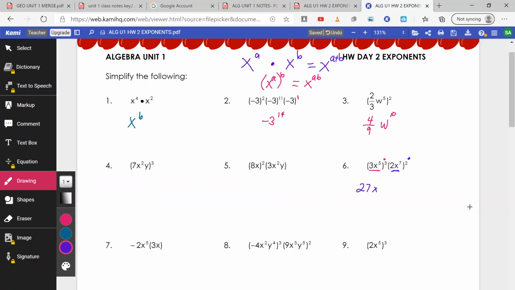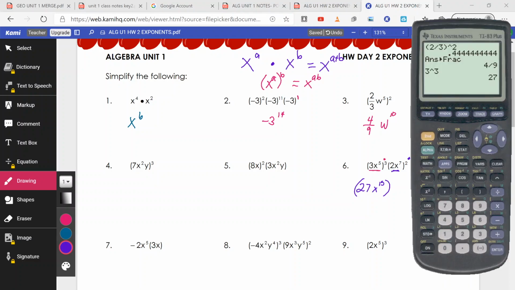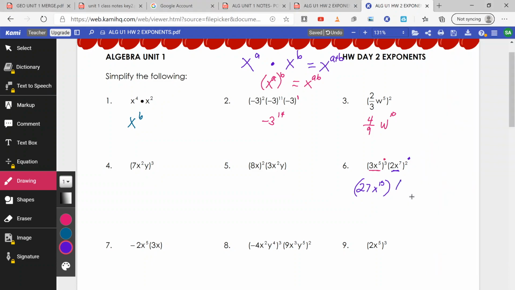X is our base. 5 times 3 gives me 15. And then I have to do the same thing with our 2x to the seventh. I am squaring it. So 2 squared is going to give me 4. And then x to the seventh to the second power, 7 times 2, x to the 14th.